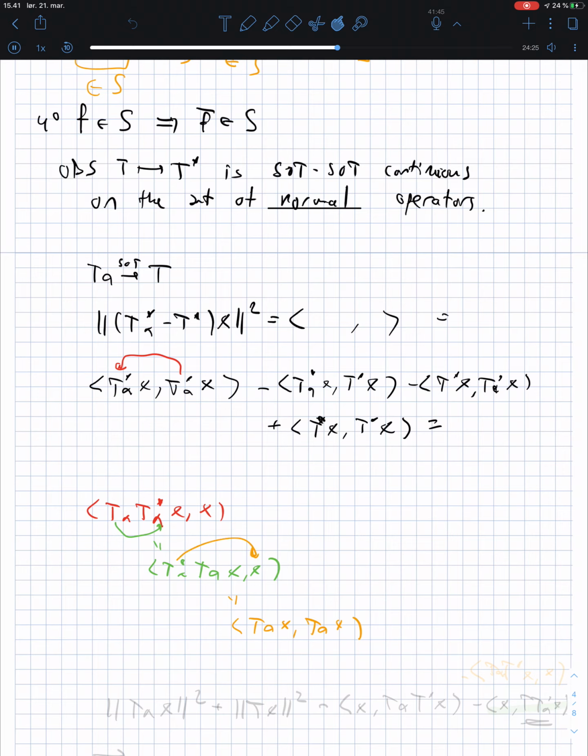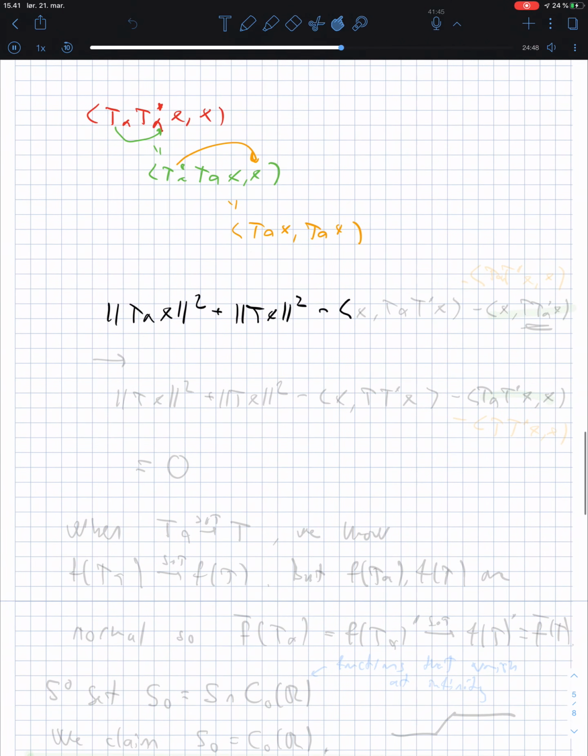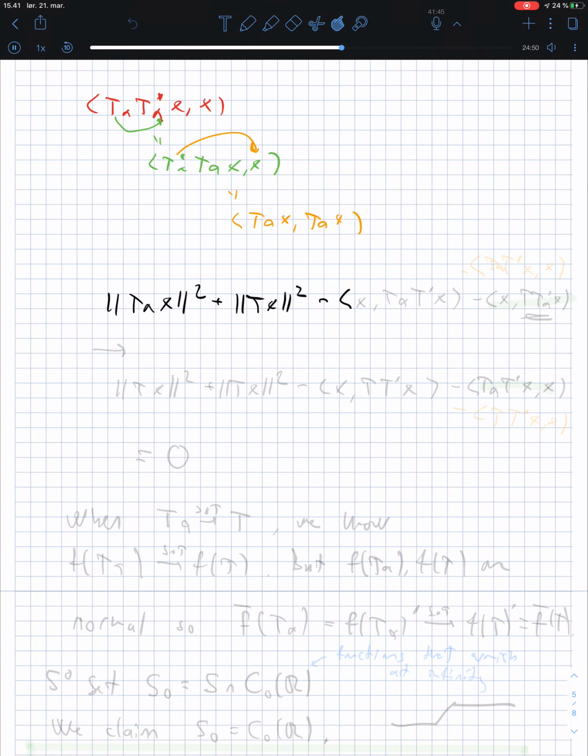So using the normality, I can rewrite these terms as the norm of T alpha x squared, and I have the norm of Tx squared. Of course, the two remaining terms that I have with a minus, I cannot just commute T alpha and T, because I'm not assuming they commute, I only assume that they're normal.